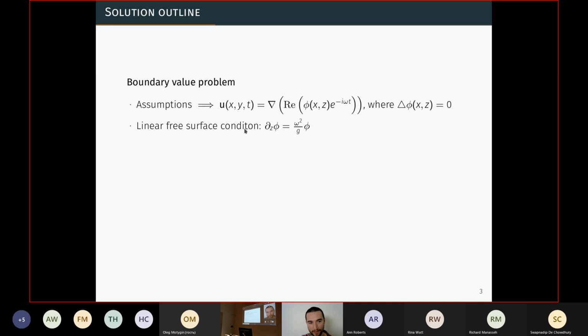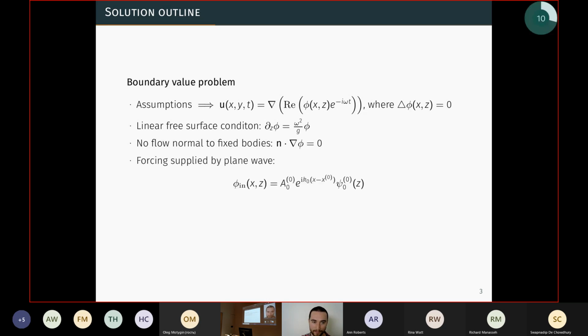We assume that the free surface is linear and that we've got no normal flow on any of the fixed bodies. This includes the seabed, and it also includes the fixed barriers. The forcing to this problem is supplied by a plane wave traveling from left to right, and we've also got a Sommerfeld radiation condition at the far field.